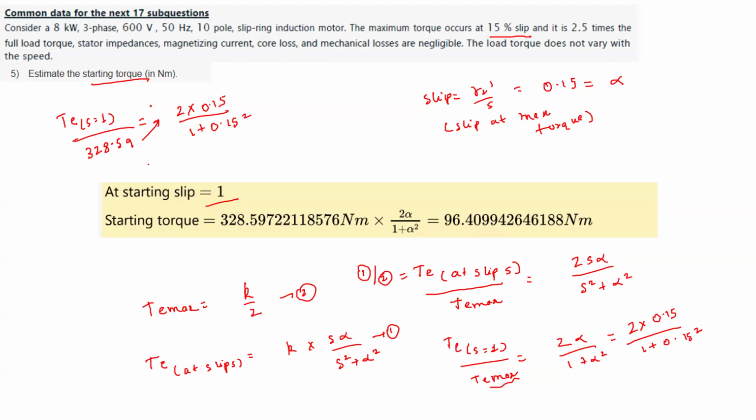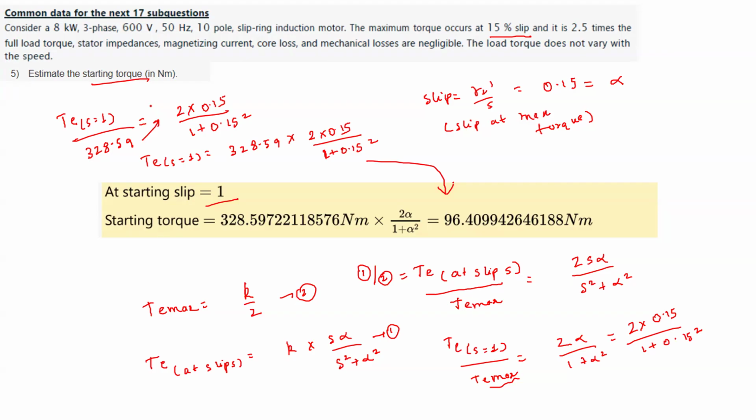You can just cross multiply here. So you will get T at slip 1 is equal to 328.59 into 2 into 0.15 by 1 plus 0.15 square. If you do this, you will get this answer. This is the starting torque.